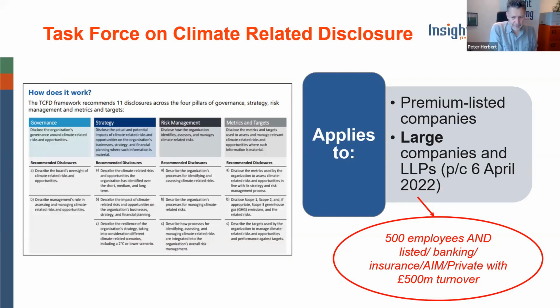And if we're looking at, I suppose, private companies, if you take the listed companies out of the equation here, take banks out of the equation, take insurance companies out of the equation, with effect from periods commencing 6th of April 22, very large companies with more than 500 employees and more than 500 million turnover, they will need to embrace this disclosure framework, which is talking again about, I suppose, governance, strategy, risk management, metrics and targets in relation to the sustainability agenda.